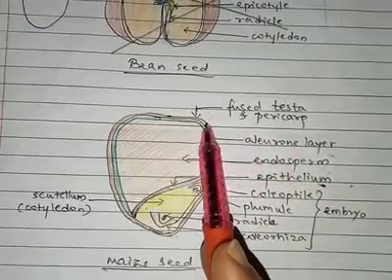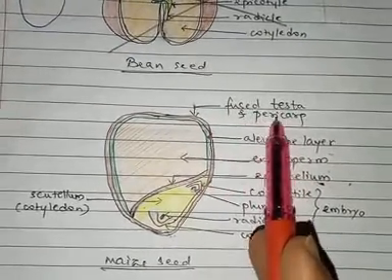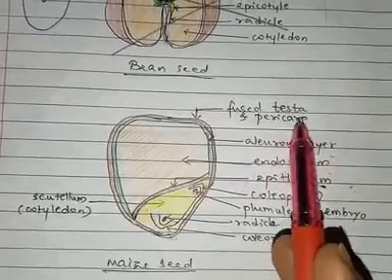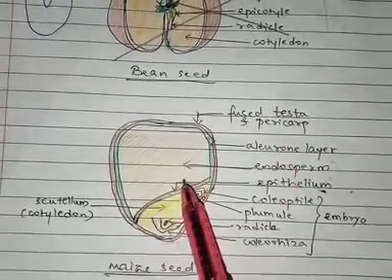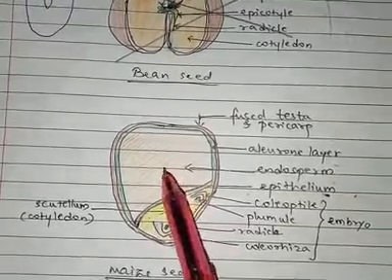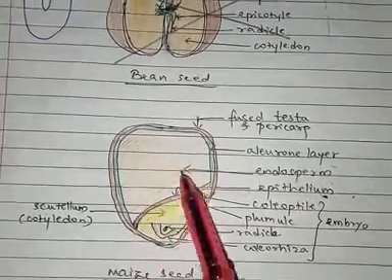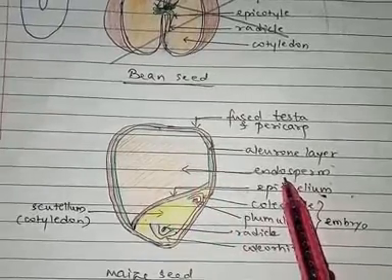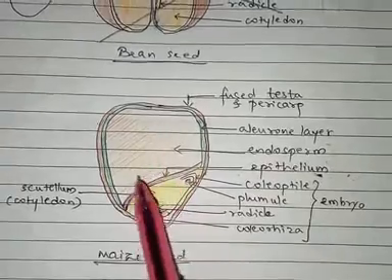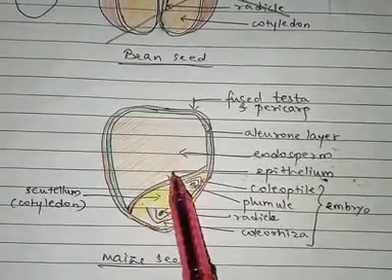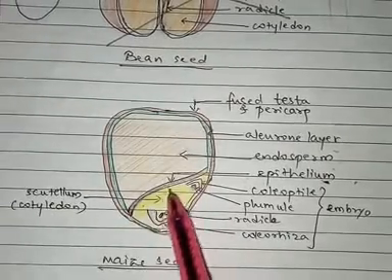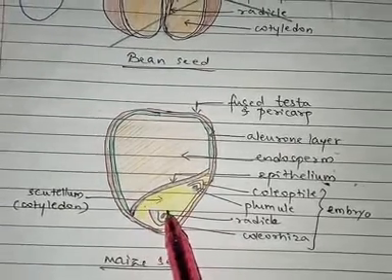So we are having the outermost layer as the fused testa and the pericarp, right? When you go inside the seed, you can find that there are two regions present. A large region which forms the endosperm, as I have already told you. It will be storing the food material for the seed so that it can be used when the seed germinates. And this small area is the embryonic region.